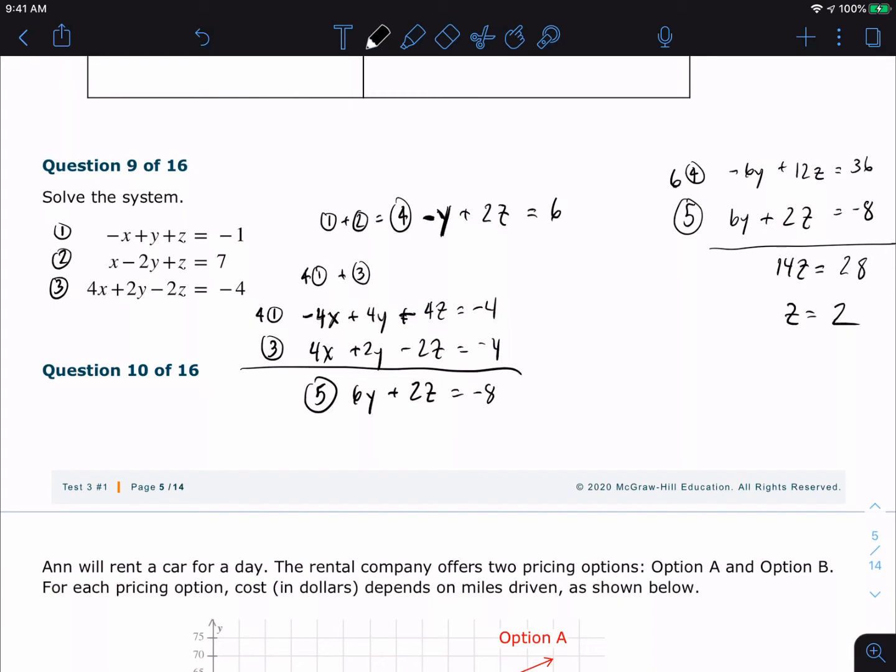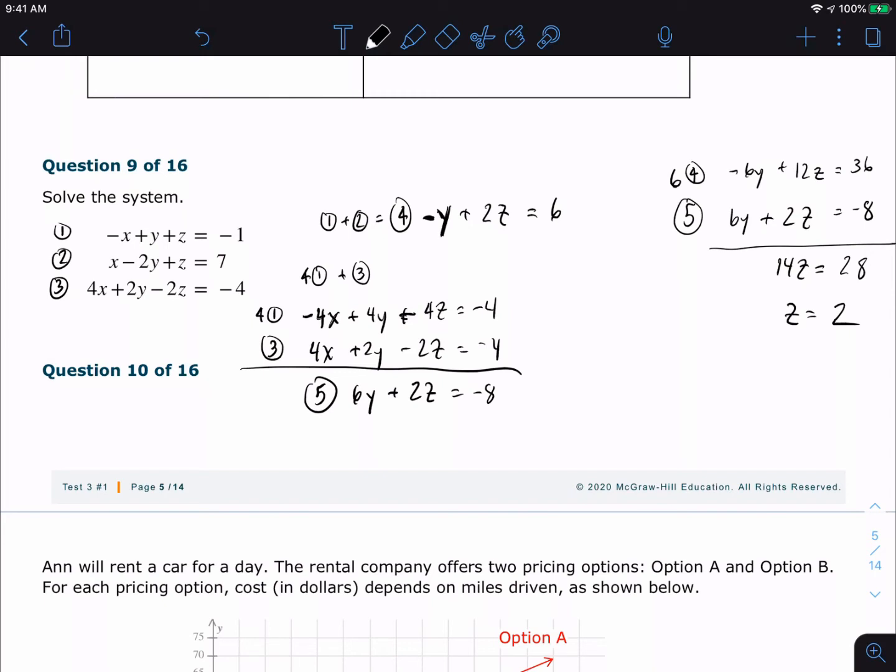Okay? Now that I have z, I can plug into number 4 or number 5 to get y. Which one do you want me to plug into? Do you want me to plug into 4 or do you want me to plug into 5? 5? Sure. I probably would have picked 4 just because there's just a negative number in front of it, but I'll do 5. That's fine.